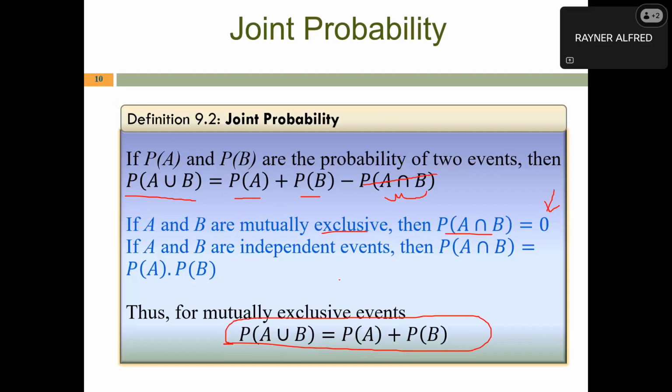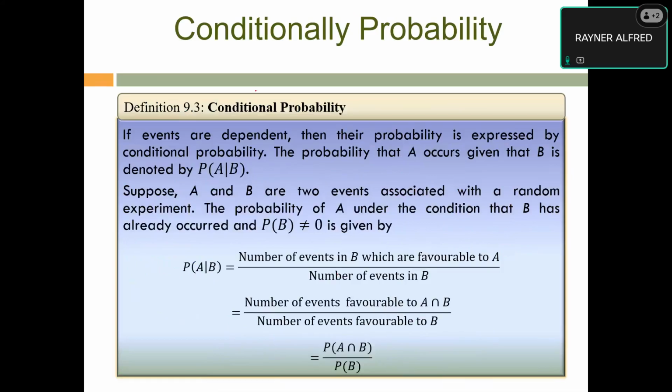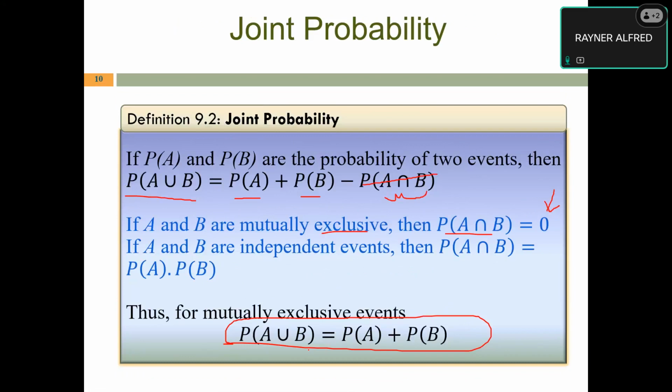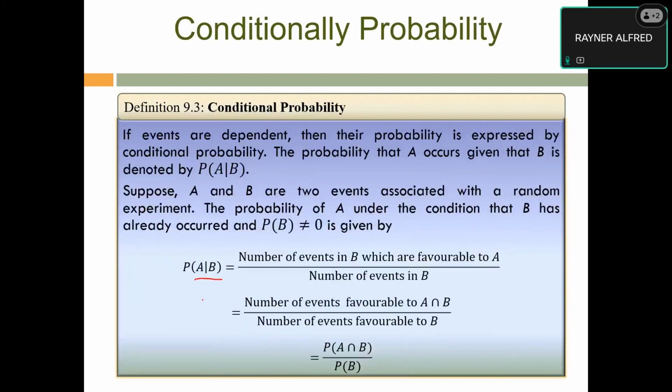Following from there, we have the conditional probability, because we are looking at this conditional. If events are dependent, that means one follows the other. Given event A, what is the probability of having event B? But in this case, we are reading: given event B, what is the probability of having event A?